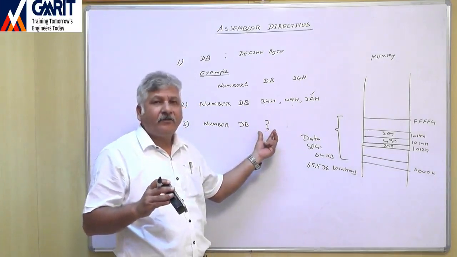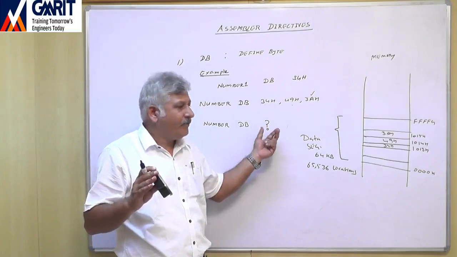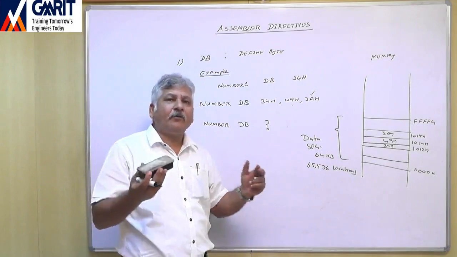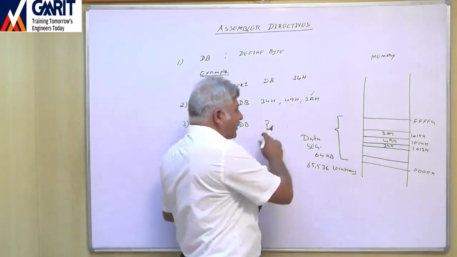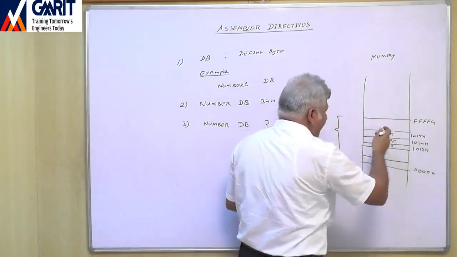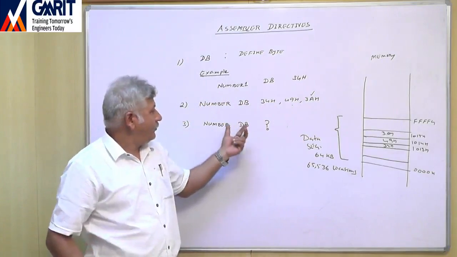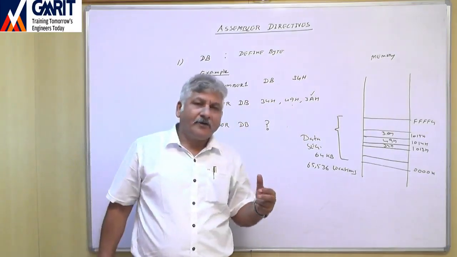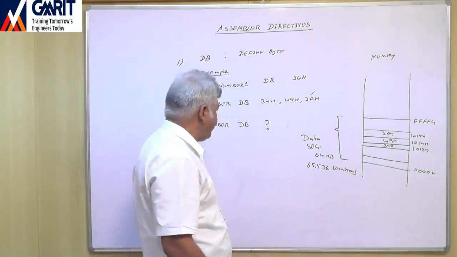Question mark means nothing should be stored at that particular location, because in the program some result may be generated and the programmer will store that result at that location, right? So some offset address, one memory location will be reserved to store this number, okay? And whatever result is calculated during the program can be stored by the programmer there.